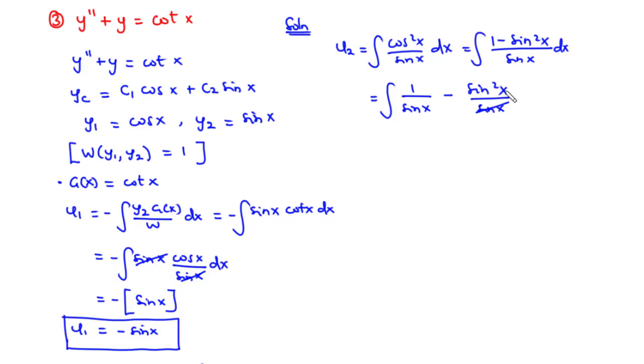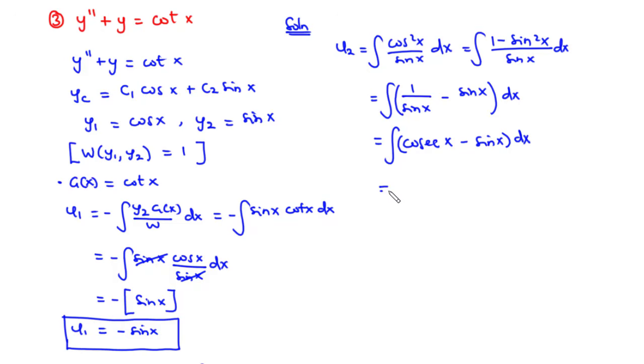So sine x will cancel one of the sine x's here. So simply we can write minus sine x dx. And then notice that 1 over sine x is equal to cosec x. So we have the integral of cosec x minus sine x dx.